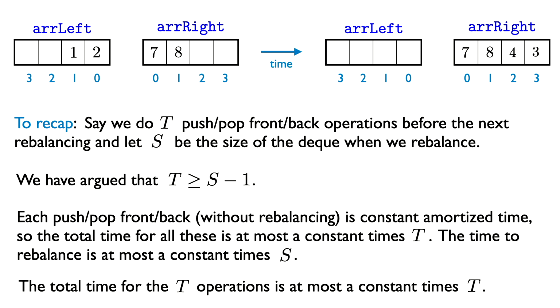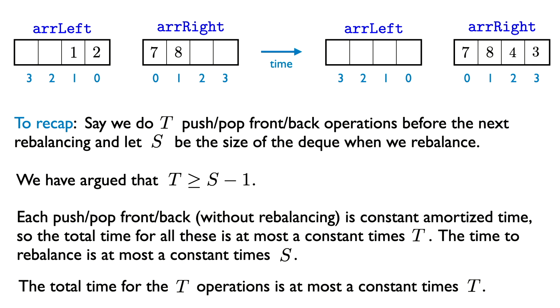When we have to rebalance, we're going to have to spend time S, which is the number of elements in the array at the time of the rebalancing. So the total time for all these push-pop operations plus the time to rebalance is at most a constant times t plus S. And now we've just shown that t is actually bigger than S minus 1.